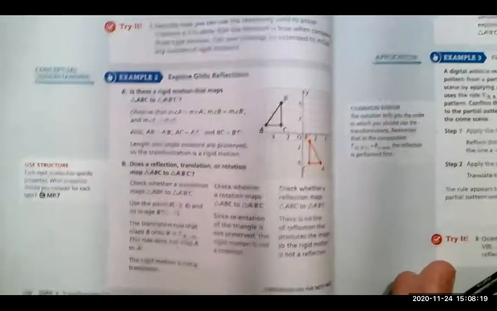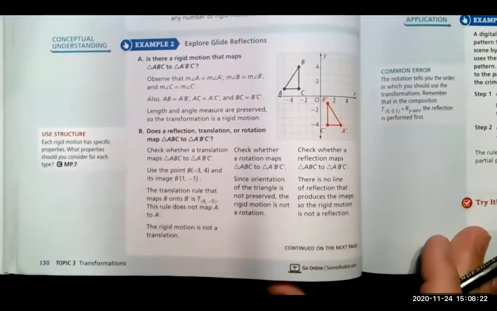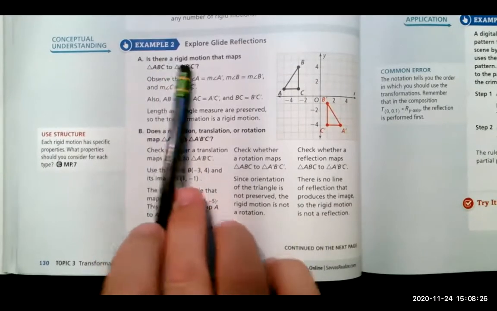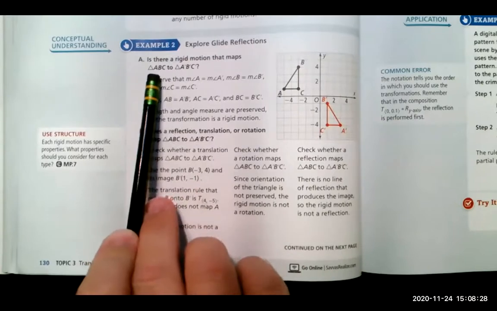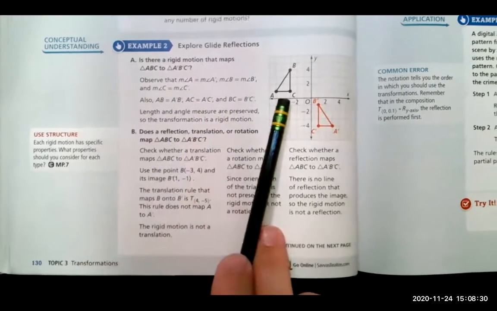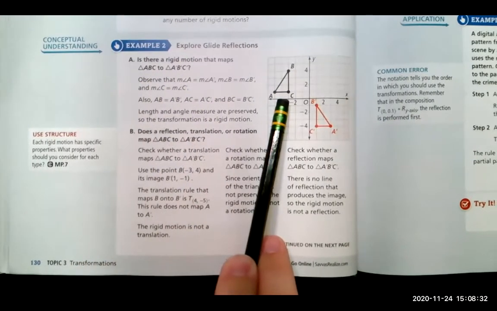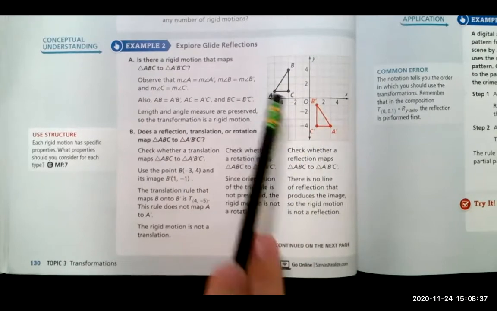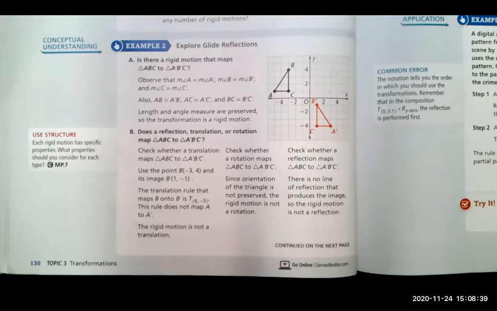Okay, so now I think we're ready to go back to example 2. Exploring glide reflections: is there a rigid motion that maps this pre-image to the image? There's the pre-image, the black shape, and then there's my image. We've talked about it multiple times: how do I know that's the pre-image and that's the image? It all goes back to the notation.